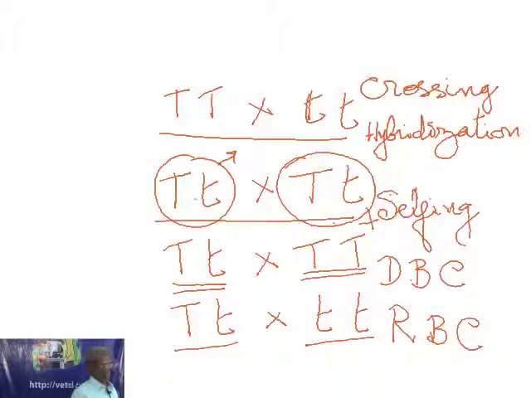A recessive backcross is also called a test cross. So these are the different terminologies that we use for the different plant breeding techniques that we follow. When you make such a cross, it is called crossing, and this is called selfing. This is called a dominant backcross, and this is called a test cross or a recessive backcross.